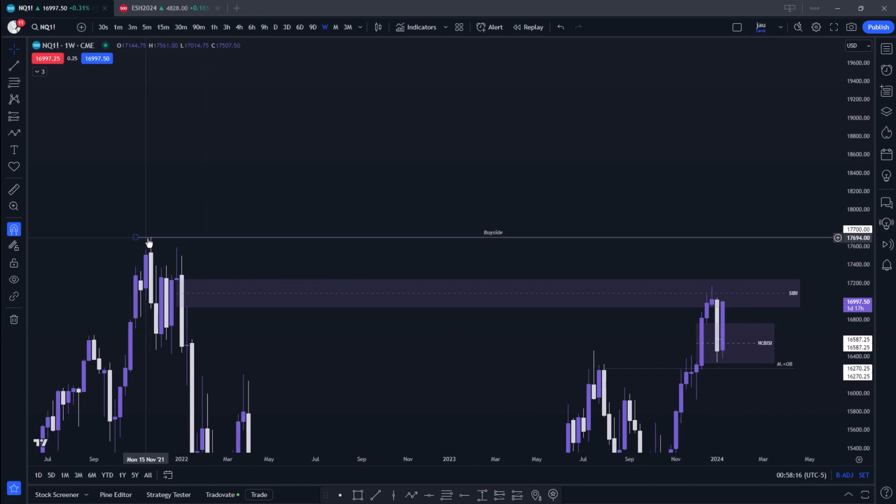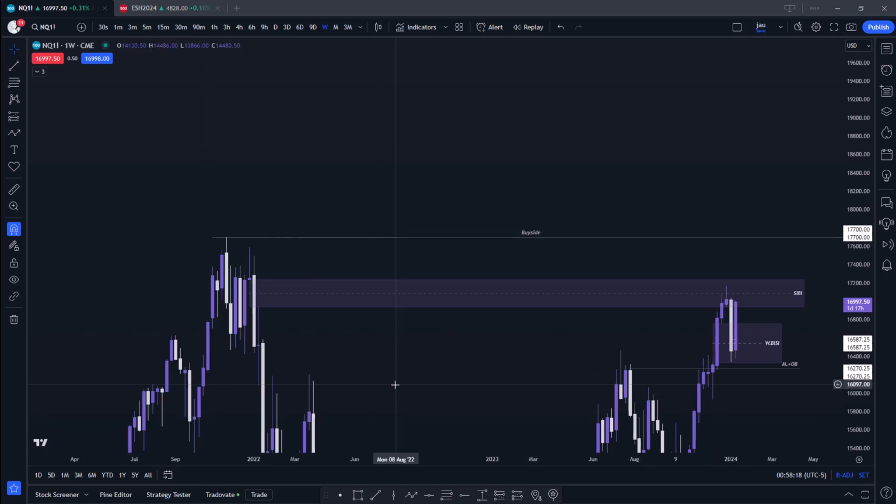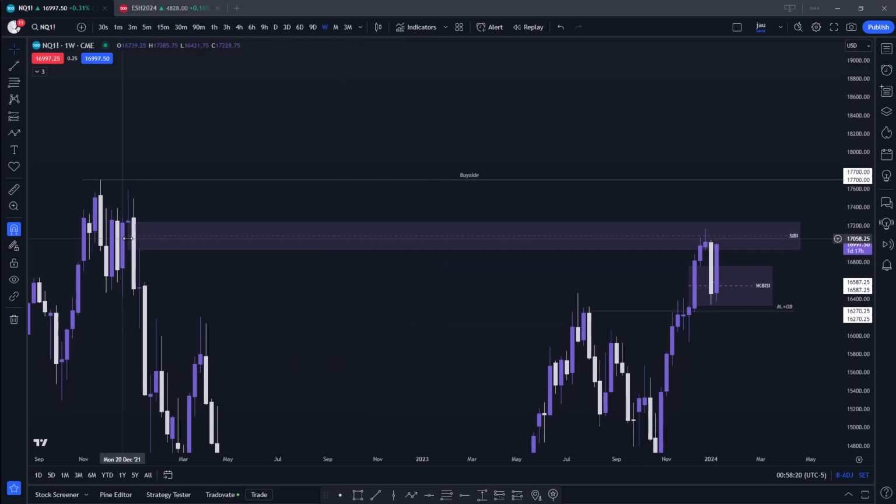We also have this buy side liquidity, which is the all-time high, and remembering where we rejected from, this massive weekly imbalance, we've fully retraced back into it now. So I'm looking to see if we can take out this swing high as the first target, and then the buy side liquidity as the main target, the all-time high on Nasdaq.